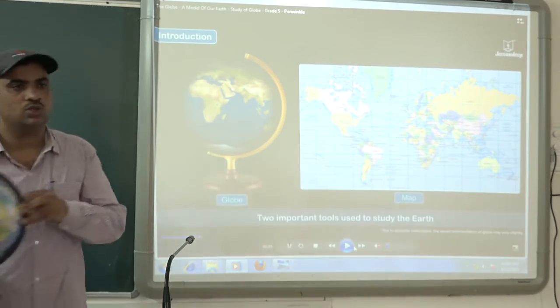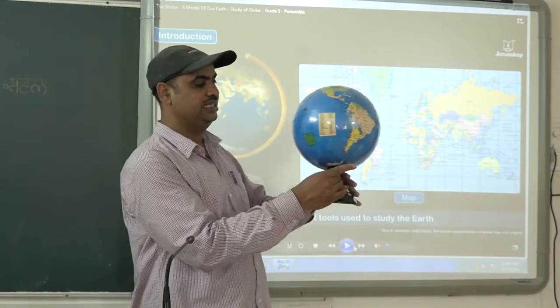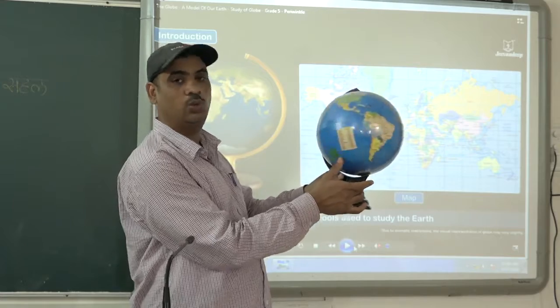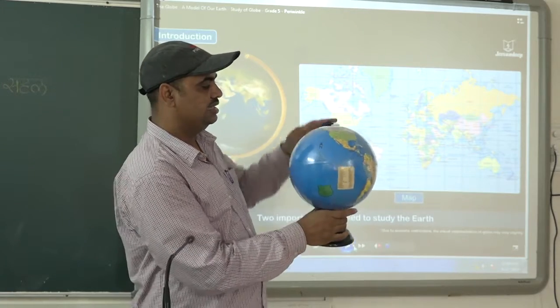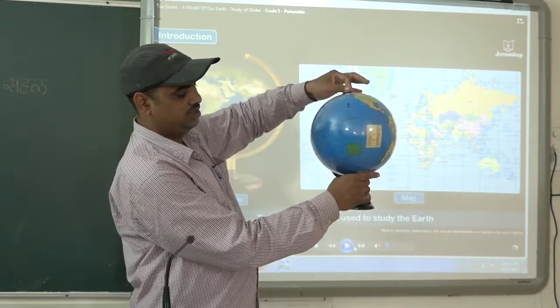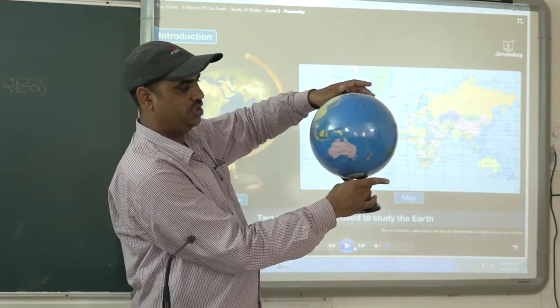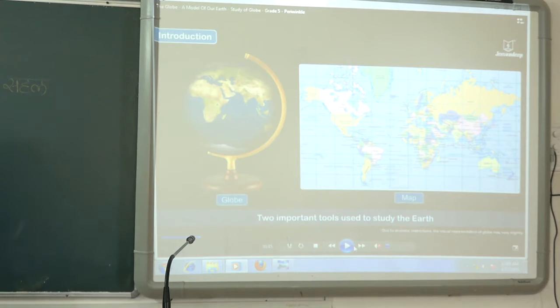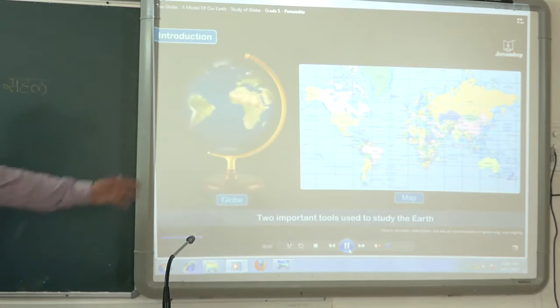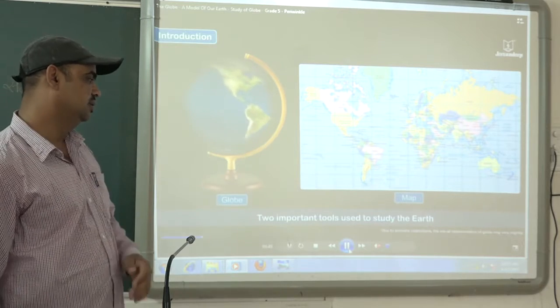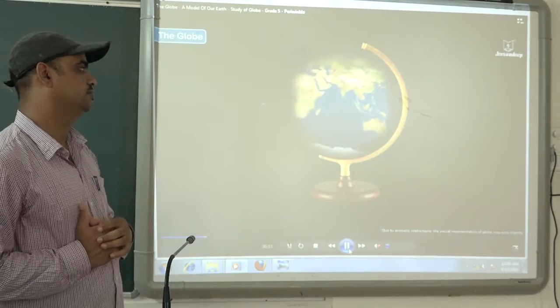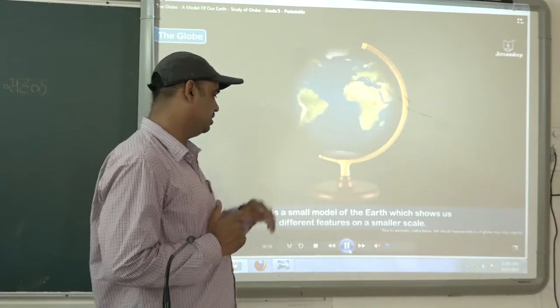If you look at this globe, you can see the size and the shape of the globe. These are the places where the globe is attached. There are certain advantages of using globes. The globe that you can see is an important part of studying the Earth. It is rotating, you can see.